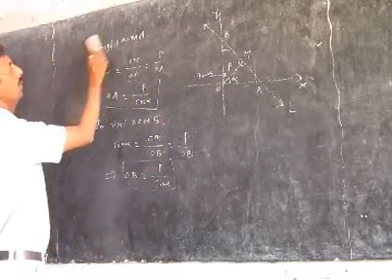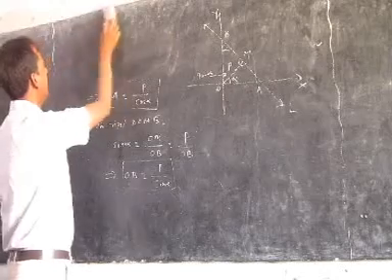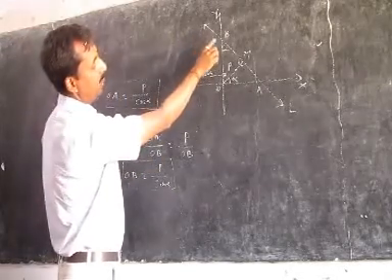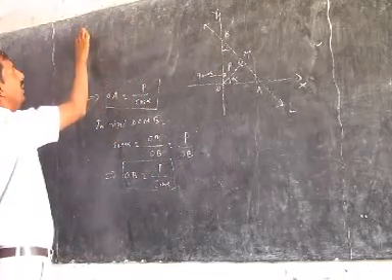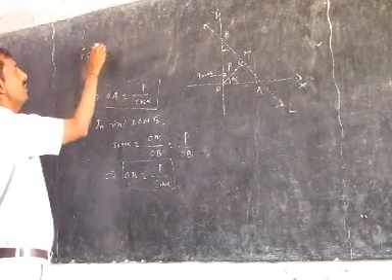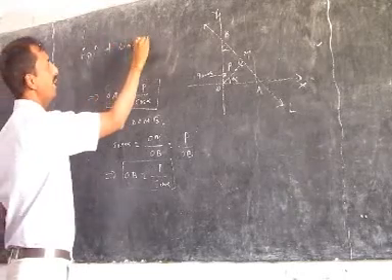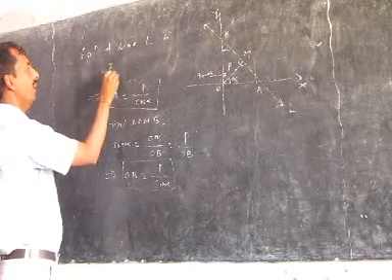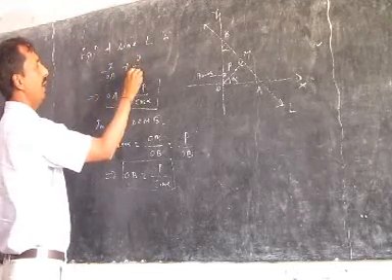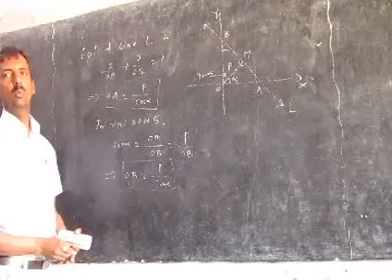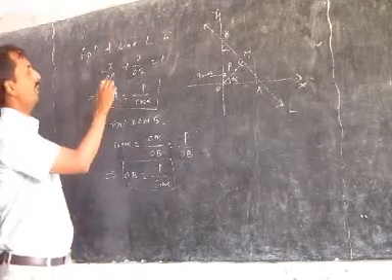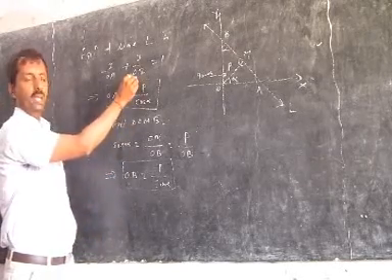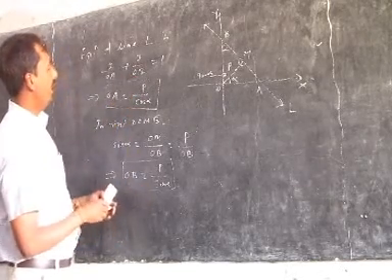Now we know the intercepts of the straight line, so we can find the equation of the line. The equation of line L is x by OA plus y by OB is equal to 1. Now we put the value of OA and OB here.